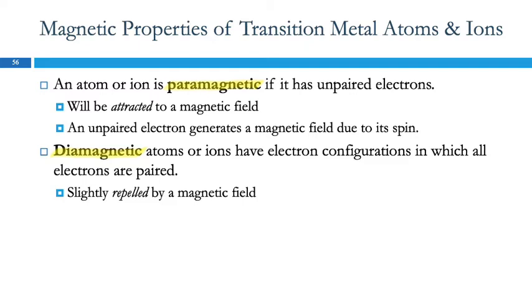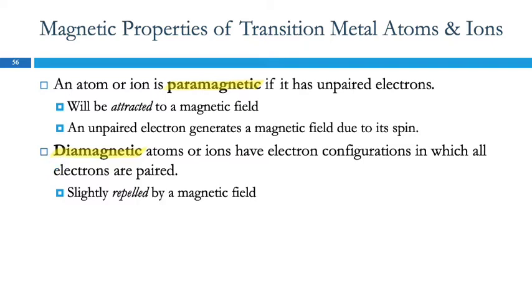So how do you keep these straight? Di means 2, but para sounds like pair, P-A-I-R, meaning 2. What do I do? Di is definitely 2.